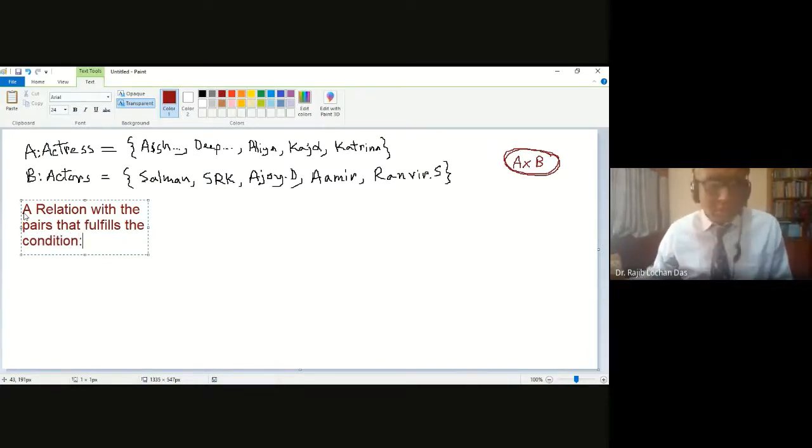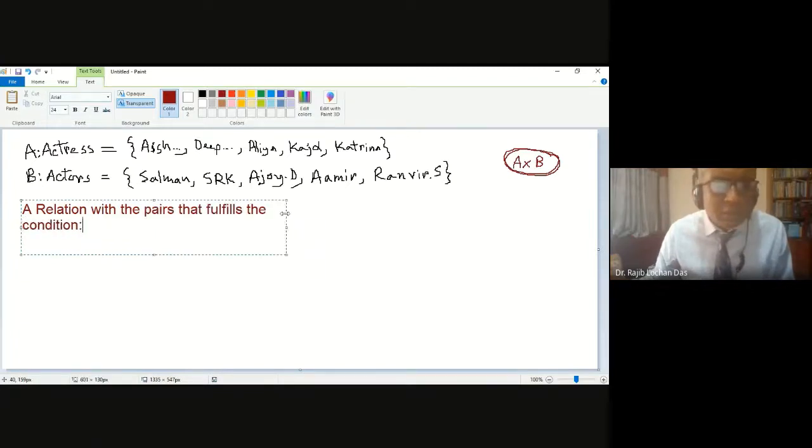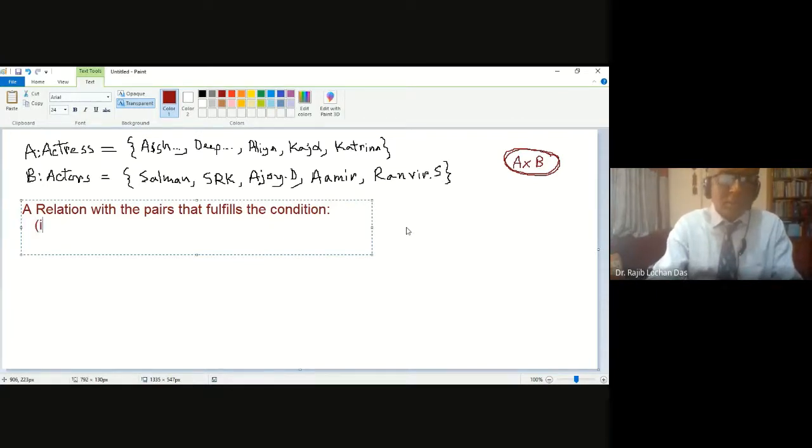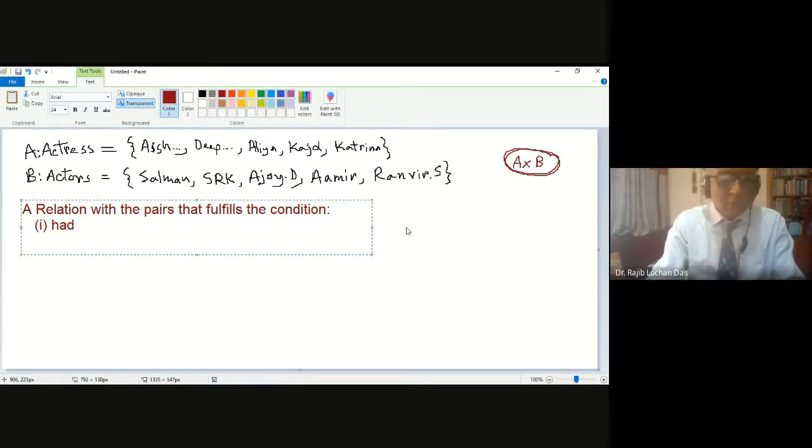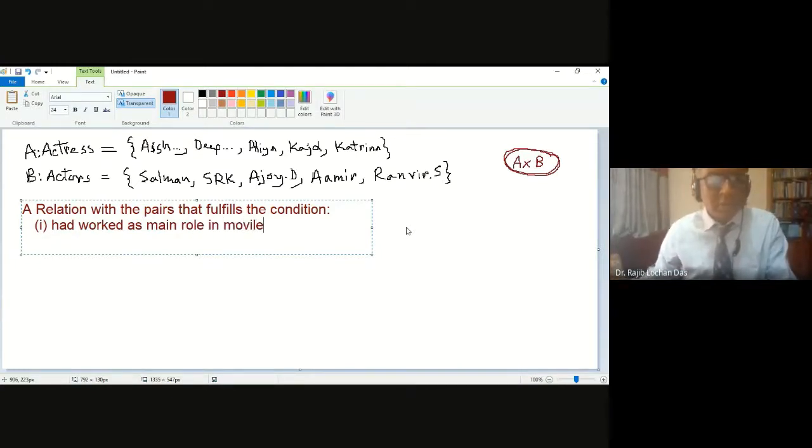Let me take the condition like: had worked in a main role. Main role means what? The hero, heroine.